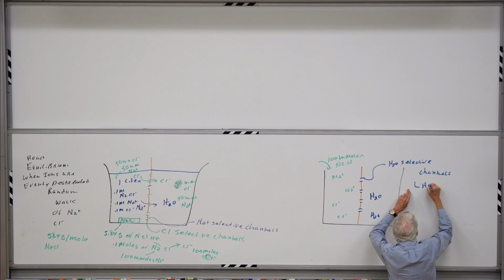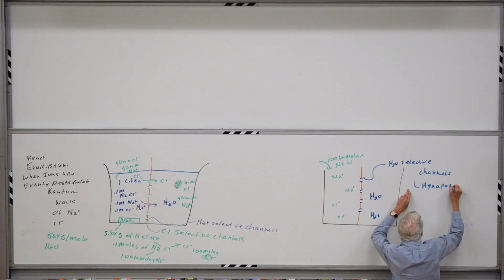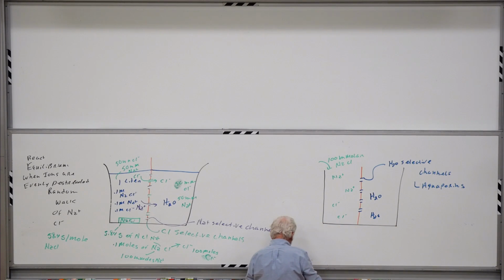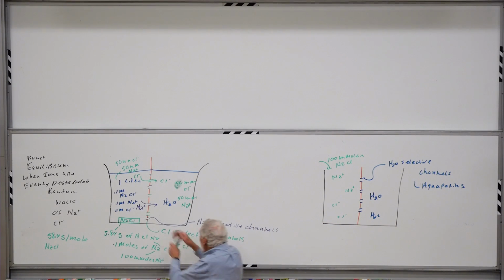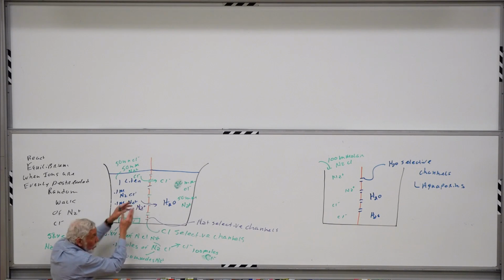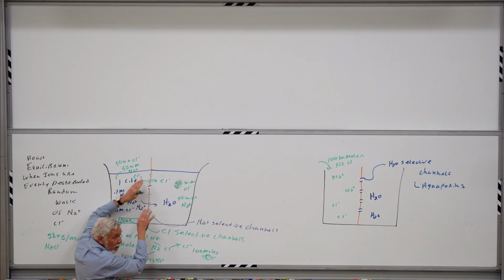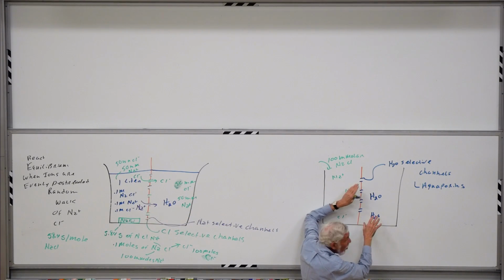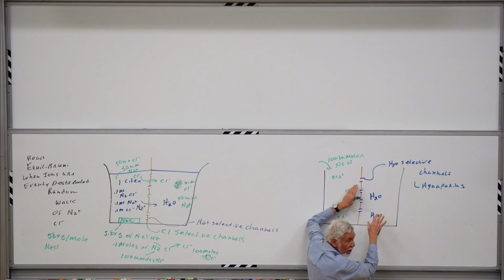They're called aquaporins. In the earlier example, we had pathways for ions to move, but no pathways for water. We're now going to flip that idea on its head. Over here, we have no pathways for ions, but we have pathways for water.